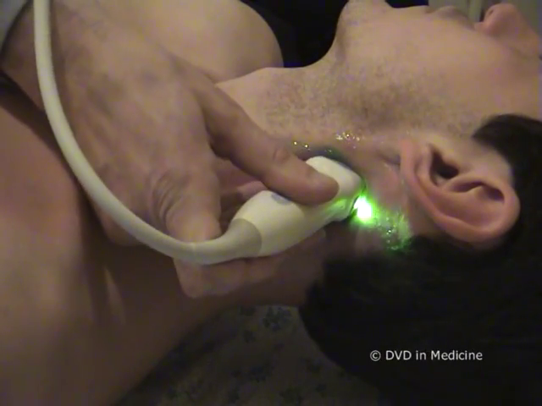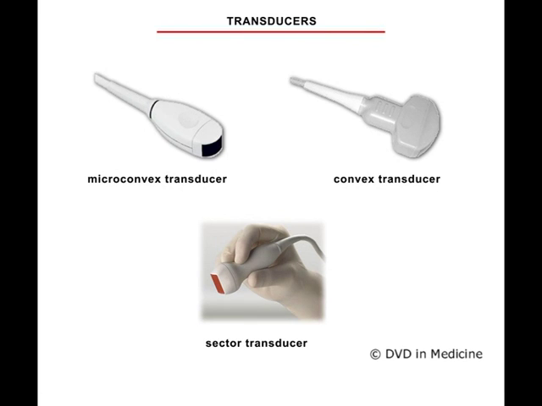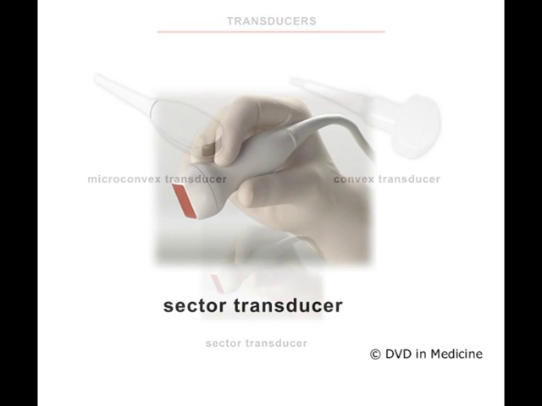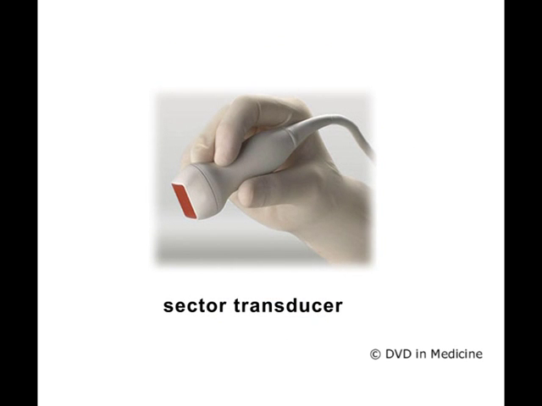Usually, a microconvex transducer with a frequency of 3 to 5 MHz is used. One can substitute a microconvex transducer with a convex or sector transducer set at the same frequency. In this film, a sector transducer set at a frequency of 3.3 MHz is being used.